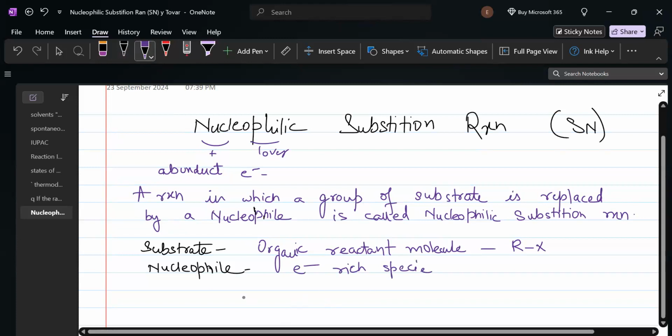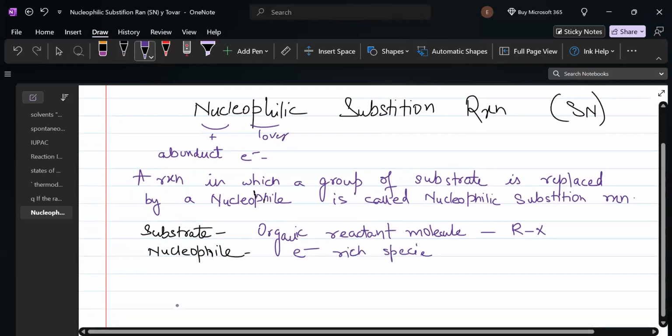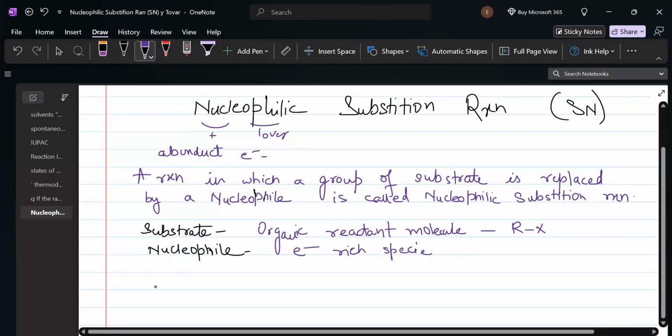So let's see an example, because if you see an example, you will understand it more easily. For example, there is chlorine attached to a carbon atom, and we are reacting it with CN minus. Can you see this CN minus has an extra, abundant electron on it? This is an electron rich species, right?